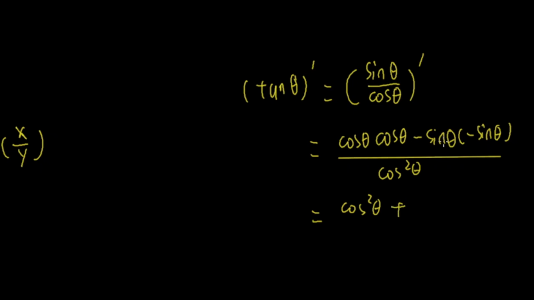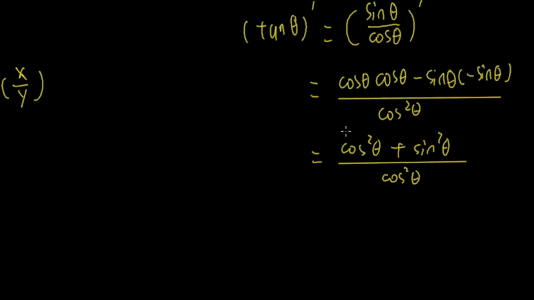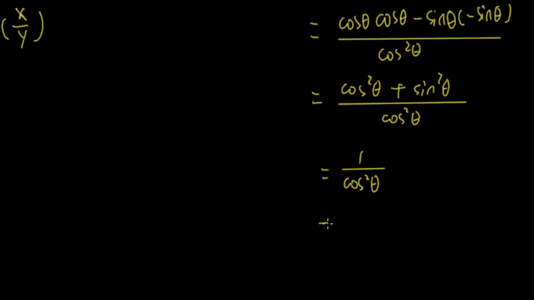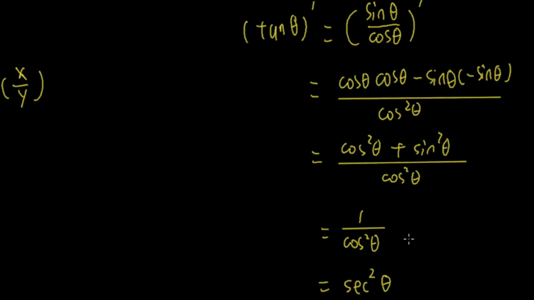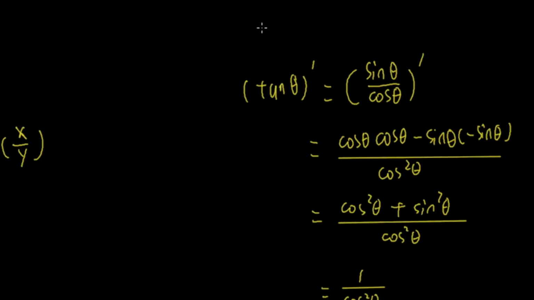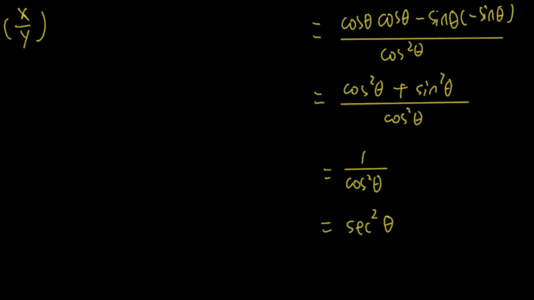Minus minus is a plus, so we get sine squared theta divided by cosine squared theta. And cosine squared theta plus sine squared theta is just 1. So that's 1 over cosine squared theta, which is secant squared theta.